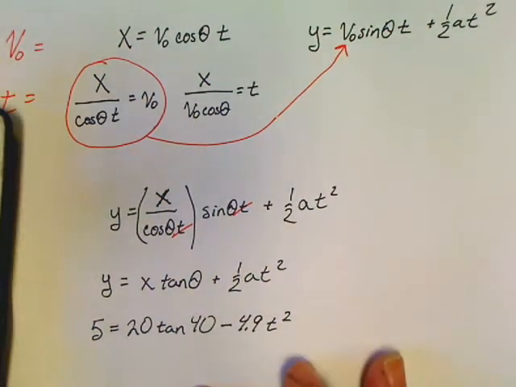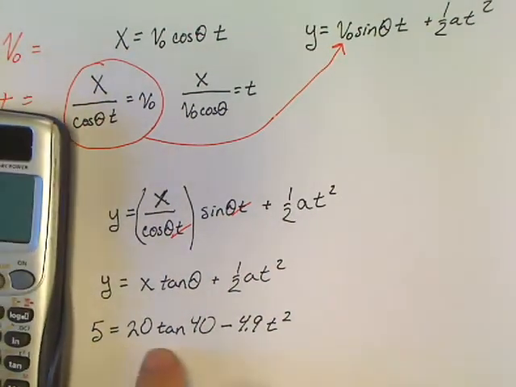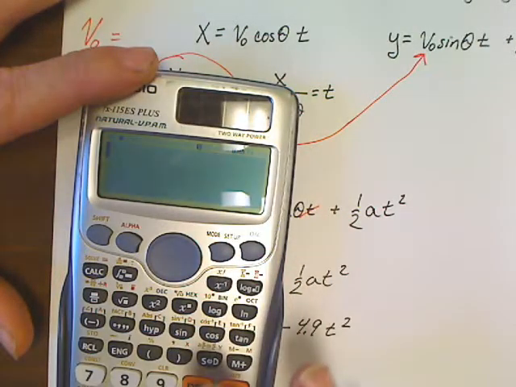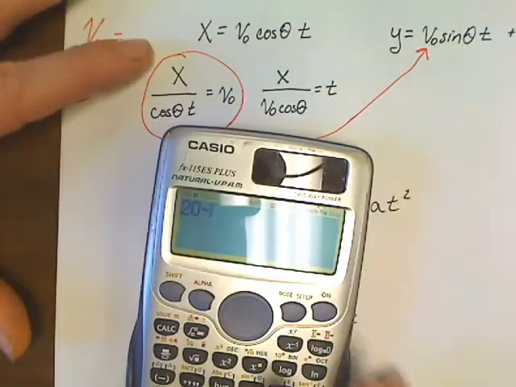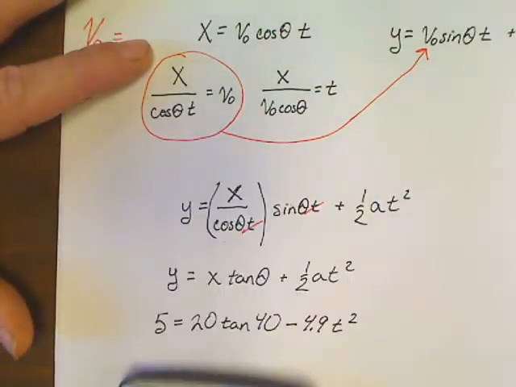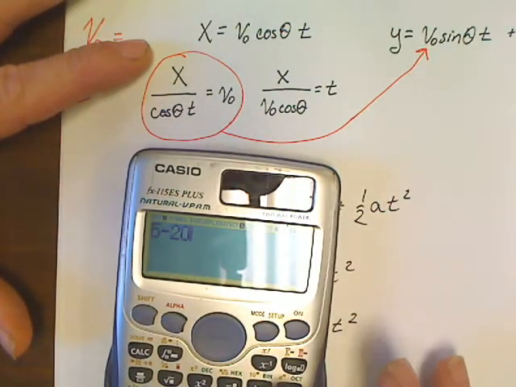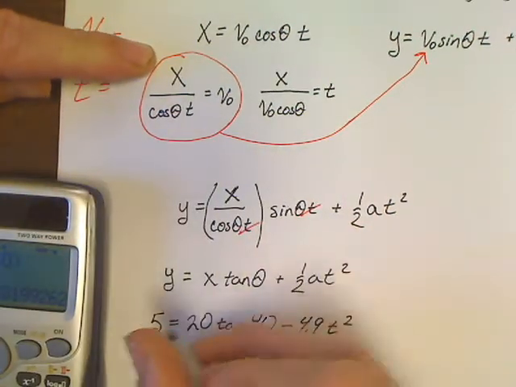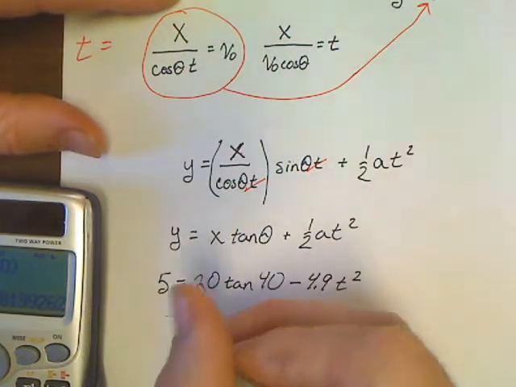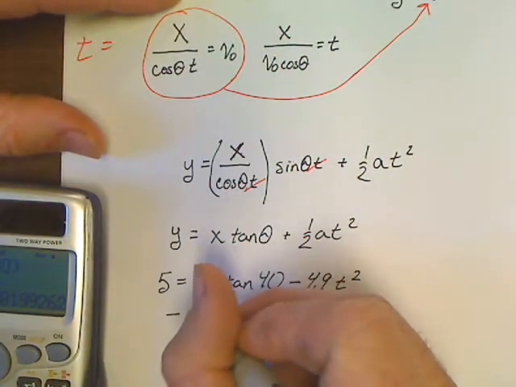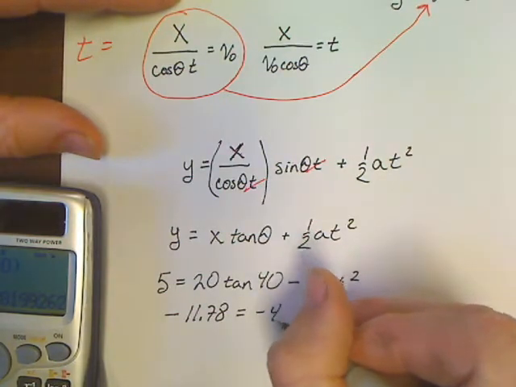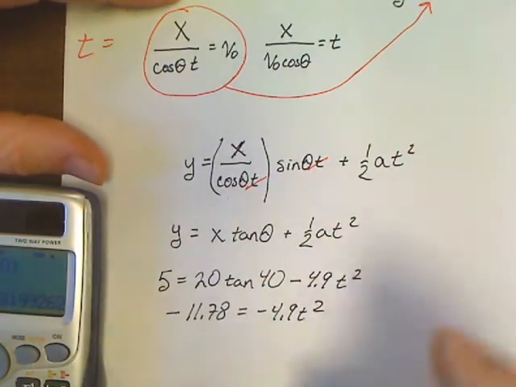We are so ready to get this done. So we're going to subtract 20 tangent 40 from both sides. So we're going to end up with 5 minus 20 tangent 40, which is negative 11.78, equals negative 4.9 t squared.